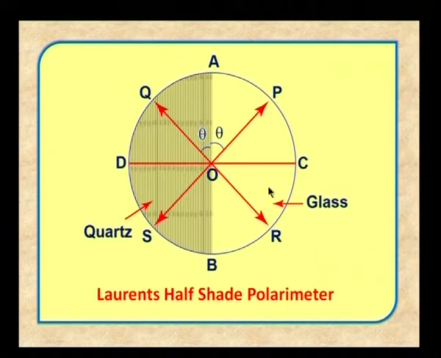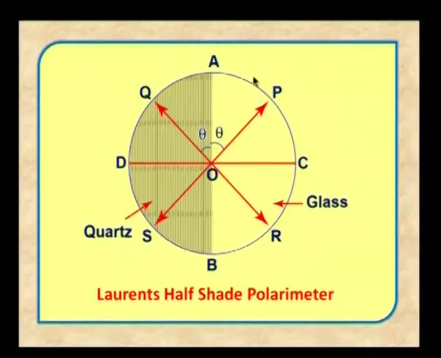Plane polarized light is passing through glass as well as quartz. The plate through which the plane polarized light is passing is made up of two parts. The circular plate, half of it is made up of quartz, which will lead to double refraction.